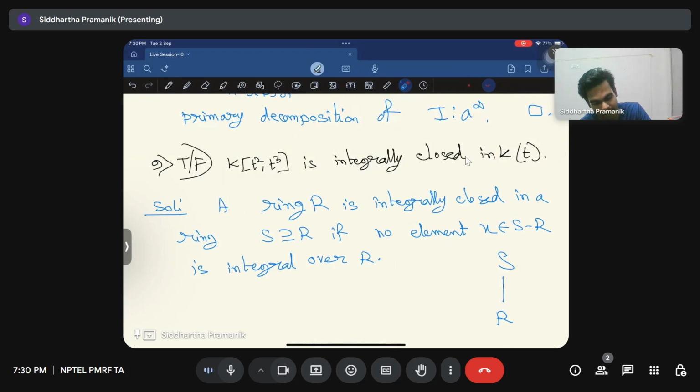So then we say that R is integrally closed in S. So this you can take as a definition.